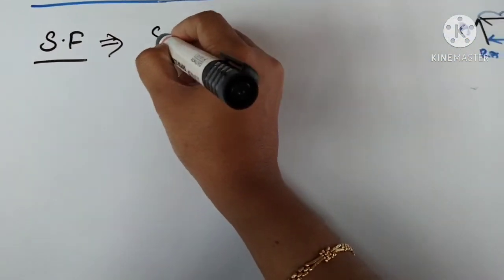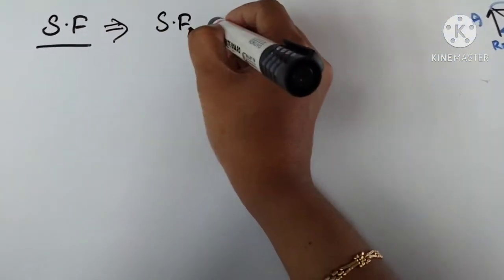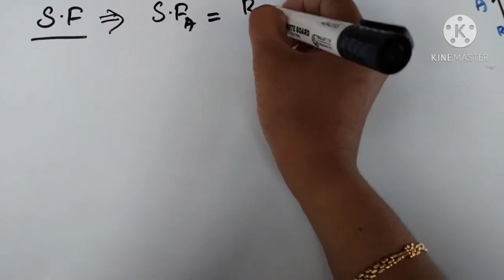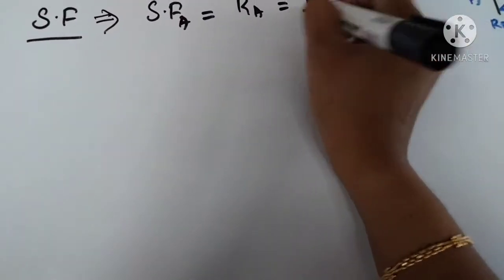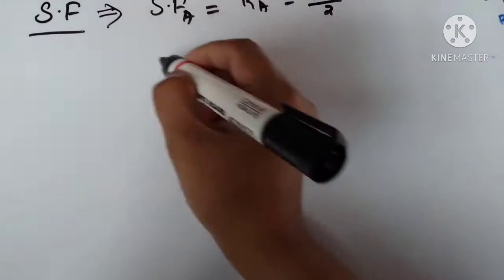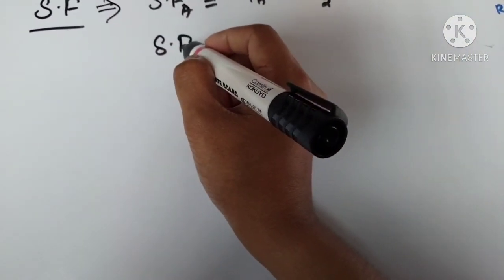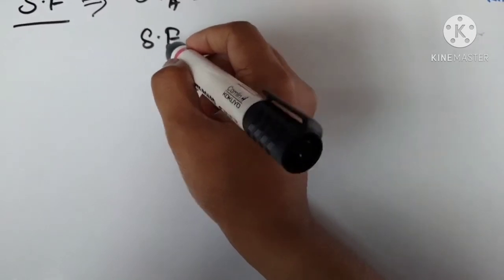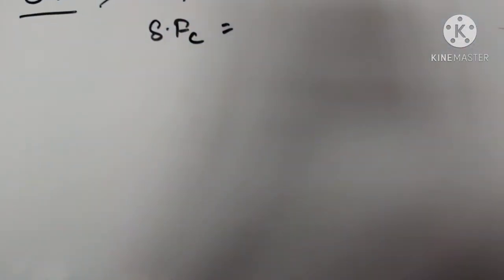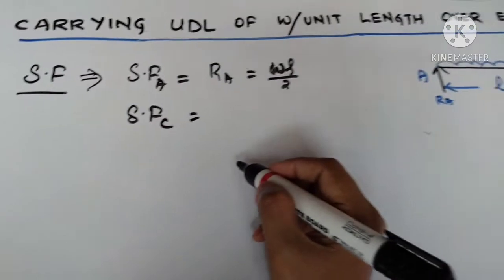Shear force at A will be RA, which is equal to WL by 2. It's a small w. Shear force at B. Shear force at the middle also, let it be C.